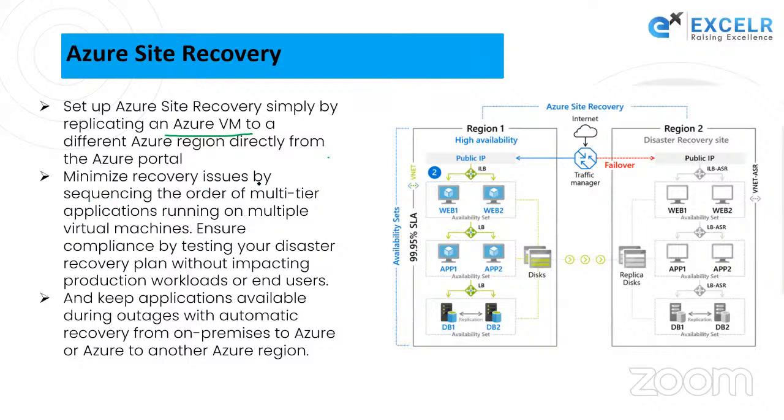You can minimize the recovery issues by sequencing the order of multi-tier applications running on your multiple virtual machines. By doing this, it helps you ensure compliance with your disaster recovery plan, so that whenever it happens, it does not impact your production workload or your end users.